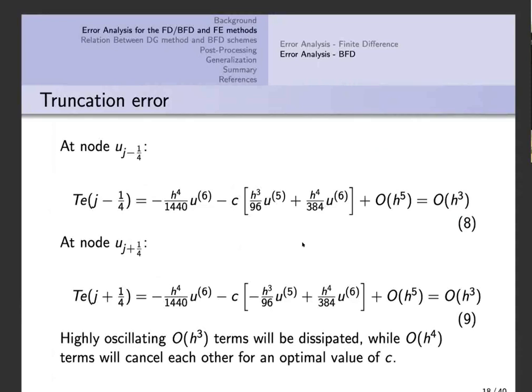And unfortunately, this is not true. Because the optimal C is not found this way, we'll need to provide a further analysis in order to find the actual optimal C. But the idea is that the highly oscillating third order terms will be dissipated and the fourth order terms will somehow cancel each other. So our objective is to find a C that answers this requirement.